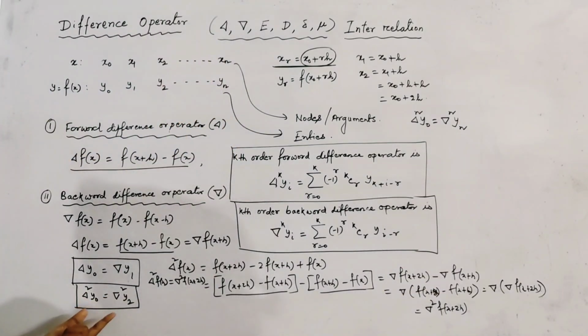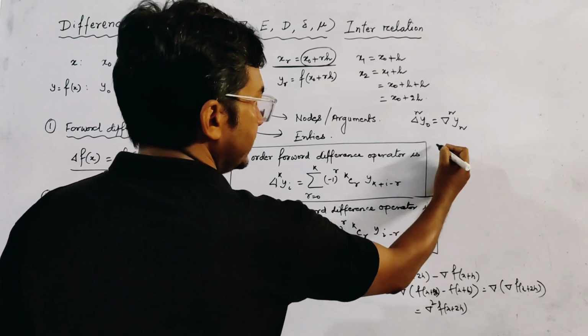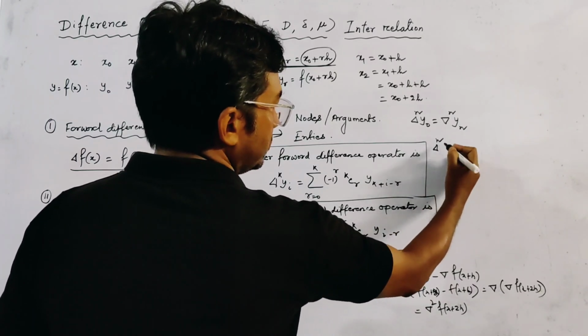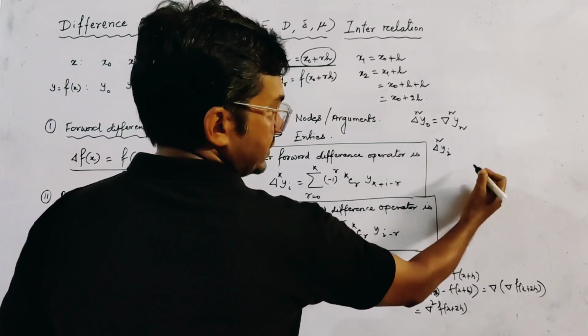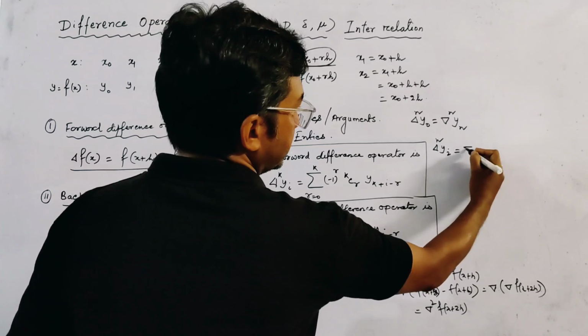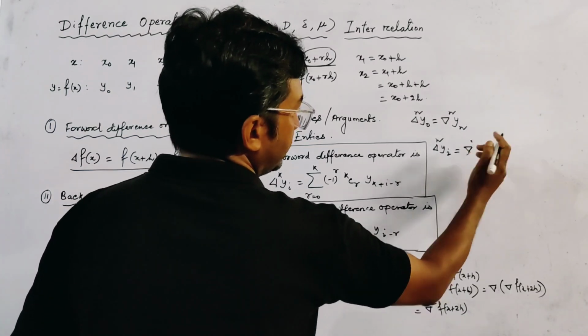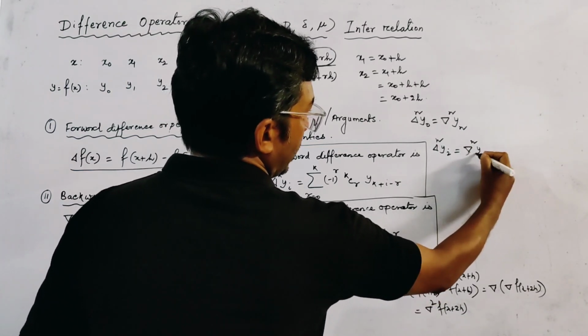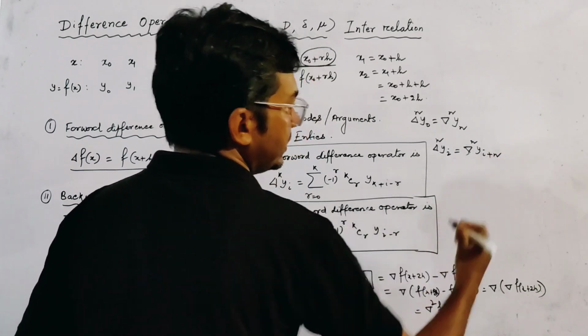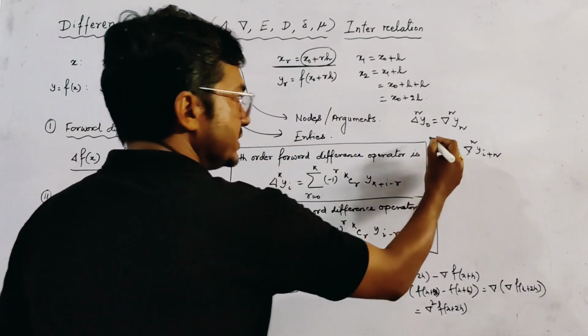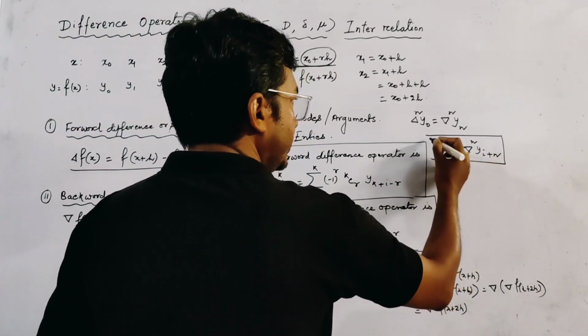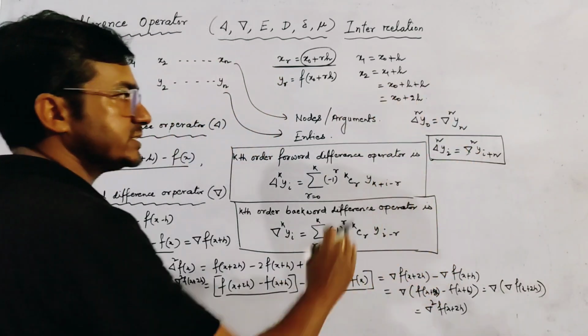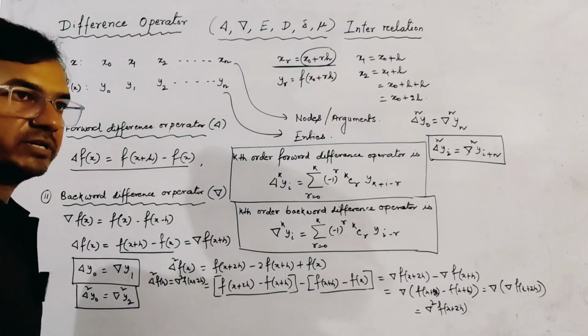And if we want the relation for delta to the power n yi, then we write nabla to the power n yi plus n.